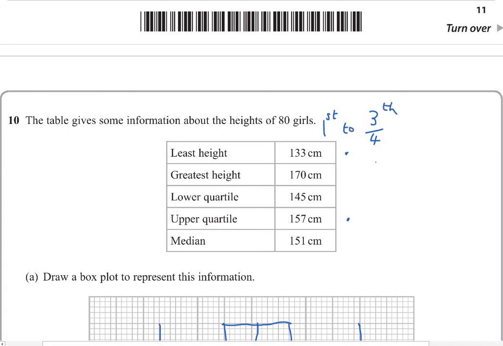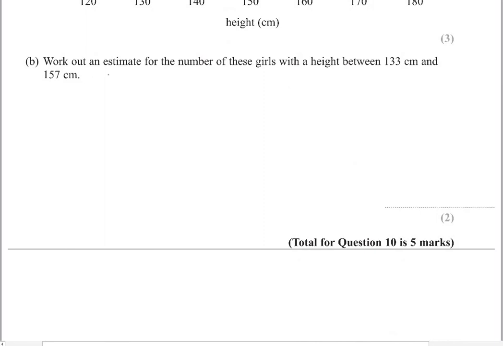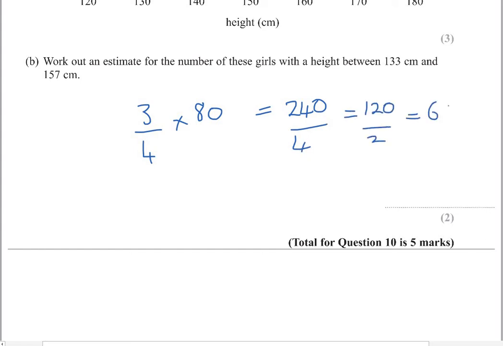Which means all we need to do, we know there's 80 girls, so we just need to do 3/4 times 80. And this just equals, well, if we multiply, it's 240 over 4, which equals 120 over 2, which equals 60. So 60 girls is our answer.